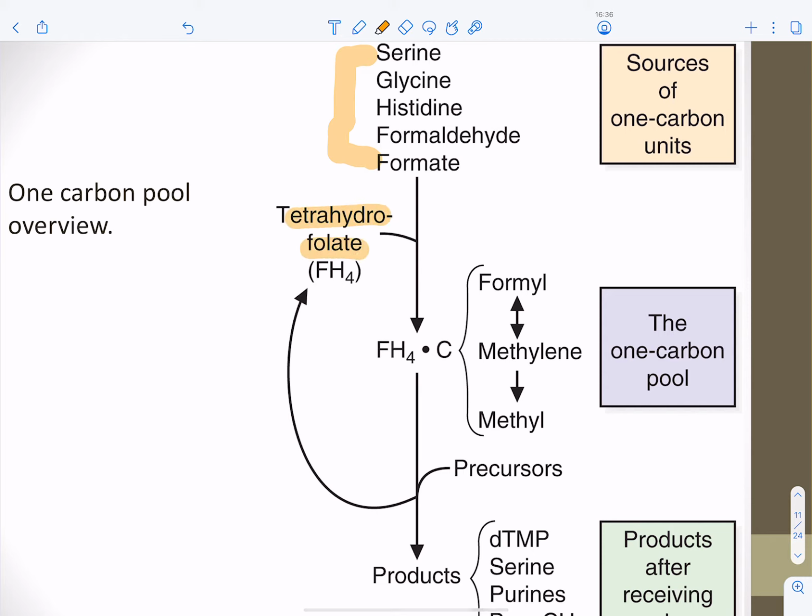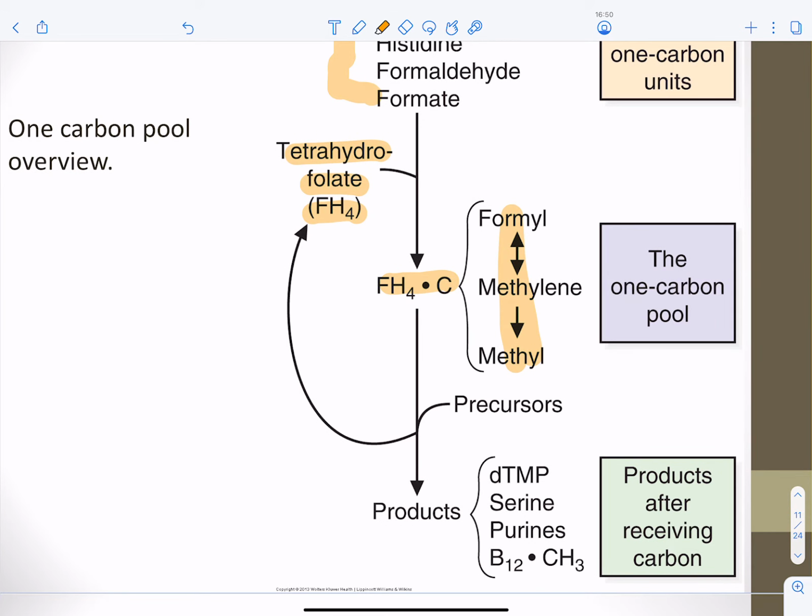We have our tetrahydrofolate, which will be picking up those carbons, and so this tetrahydrofolate can go in between different forms of the one carbon pool, and all of these different forms are going to lead to products after receiving the carbons from these one carbon pools. And so we can form purines, we can transfer carbon to vitamin B12, which will then be important in producing SAM, as well as dTMP from dUMP.